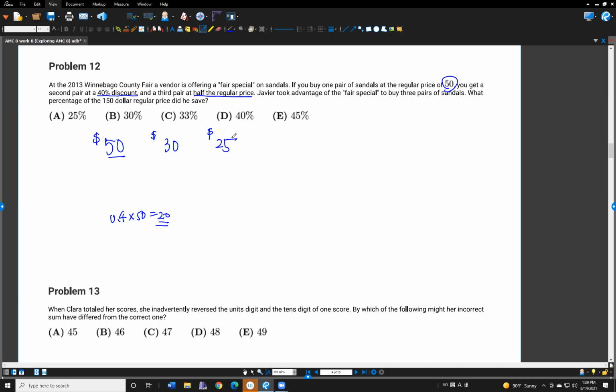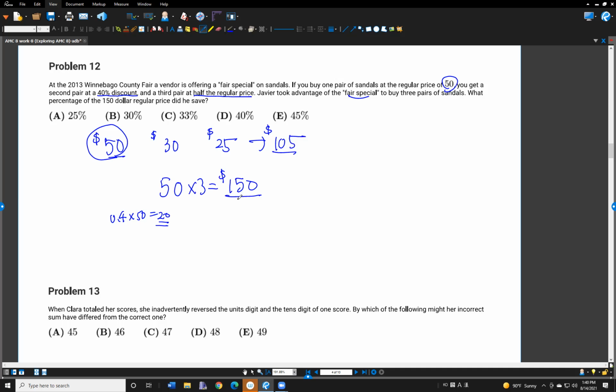To buy 3 pairs of sandals with the pair special, the original price would be 3 times 50, you should pay $150. But actually with the pair special, you paid only 50 plus 30 is 80, 80 plus 25, only $105. You can save $45, isn't it?